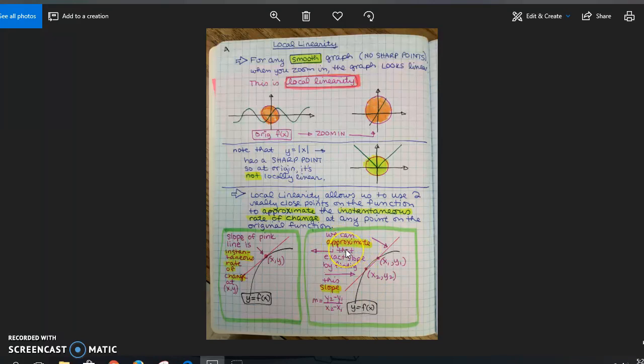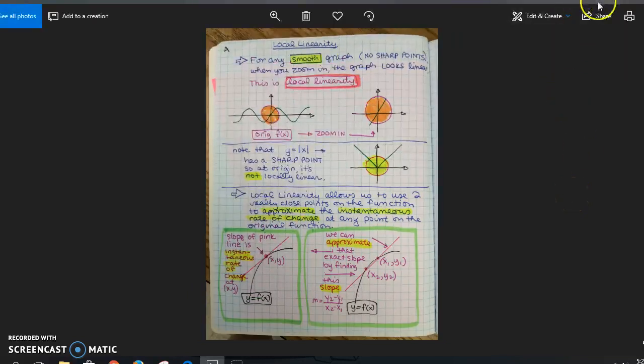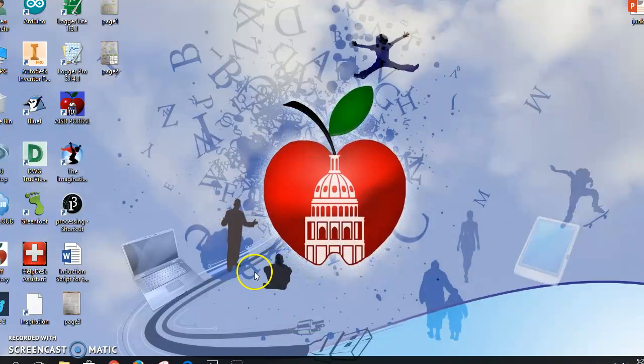I can approximate what I really want to know by finding this slope. All right, so that's this first page of your notes. So let me go back here and get page 2.